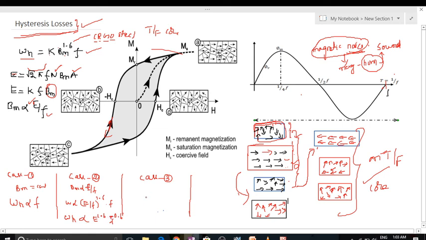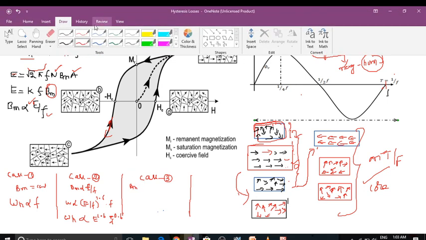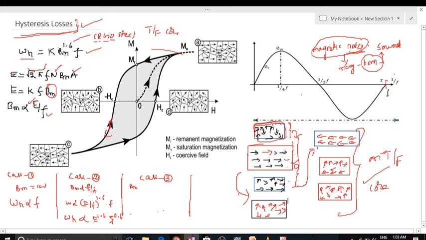Case 3: I am assuming E is constant and F is variable. So B max is inversely proportional to 1 by F only, because in case 3 E is constant.